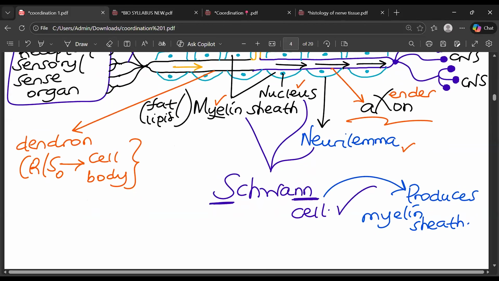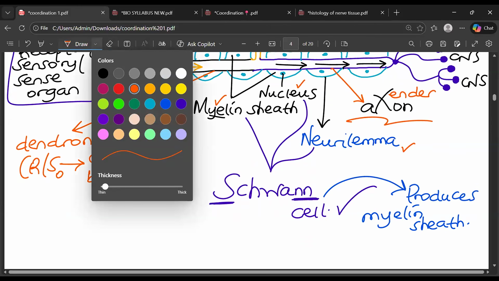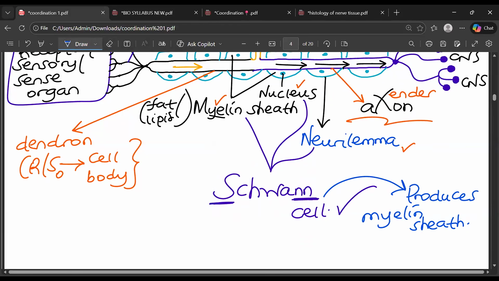Now, the node I'm talking about, I'm talking of this space. Maybe I should use blue. Are you seeing that space? Check where that blue line is coming from. That space, that one, that one, that one is our node in biology. And it was someone's node, and that person was called Ranvier.